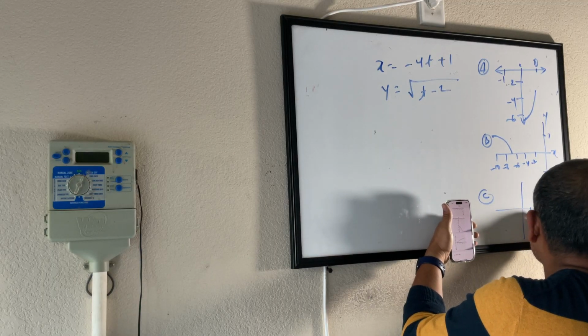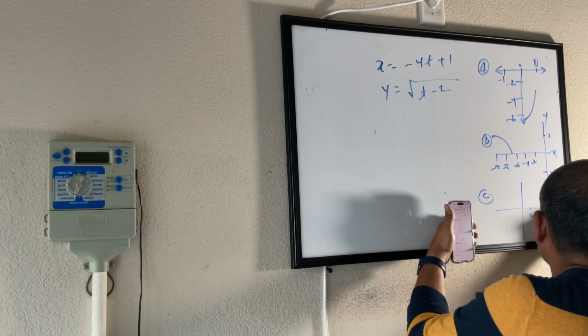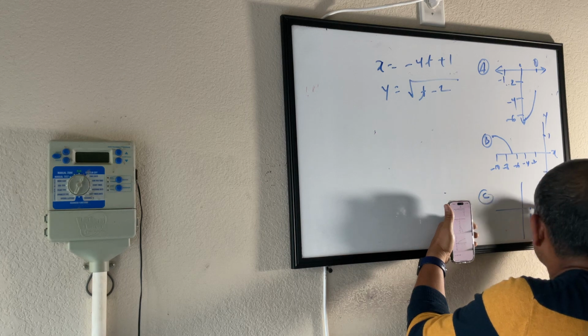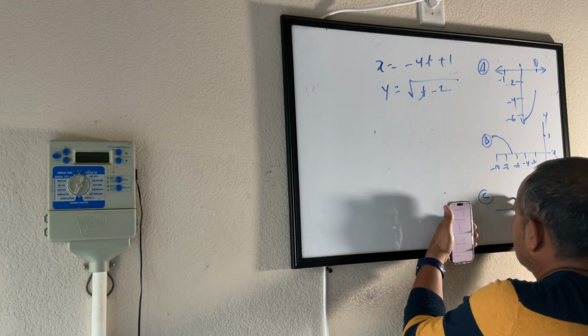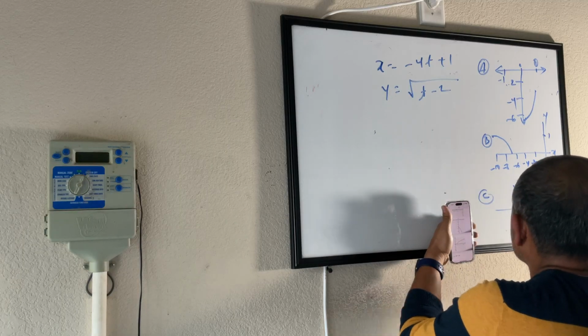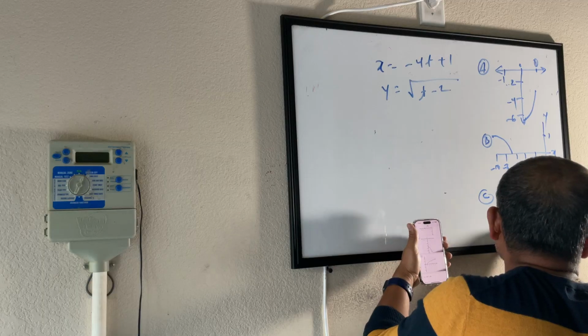4, 6, 8, 10, and you have a graph going from here to here. This is 2 and this is 4. Minus 2, minus 4.